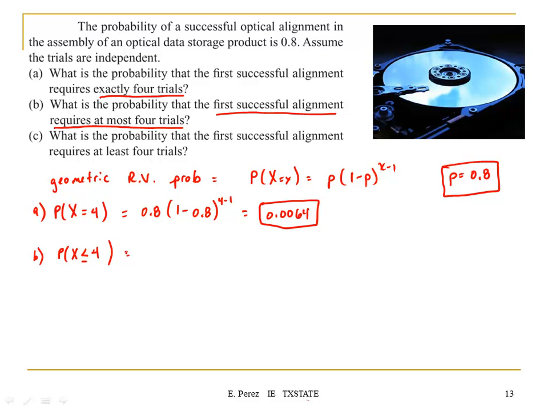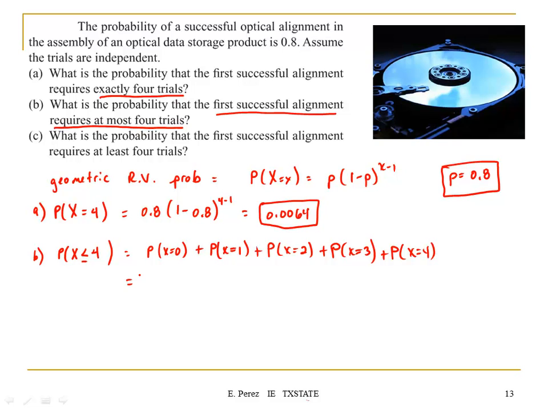And you know that the probability for a discrete random variable is the summation of the probabilities. So this is the probability of x equals 0 plus the probability of x equals 1 plus the probability of x equals 2 plus the probability of x equals 3 plus the probability of x being equal to 4.